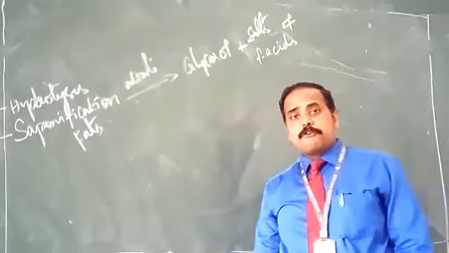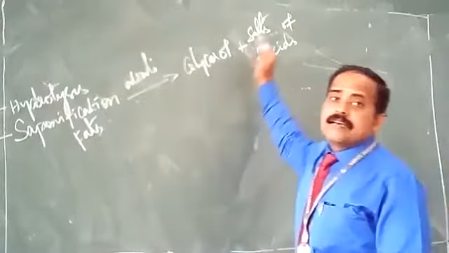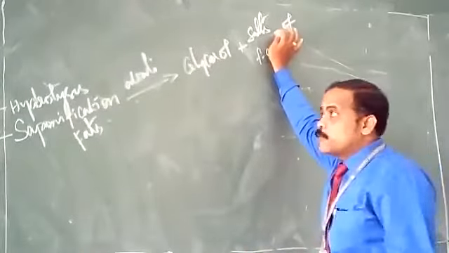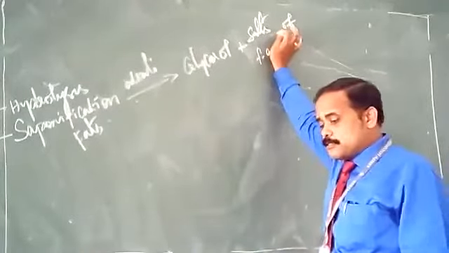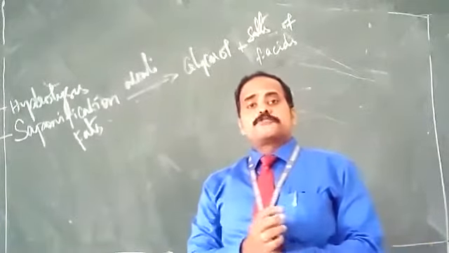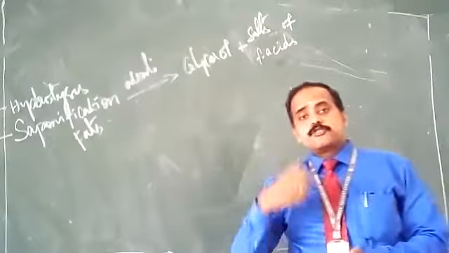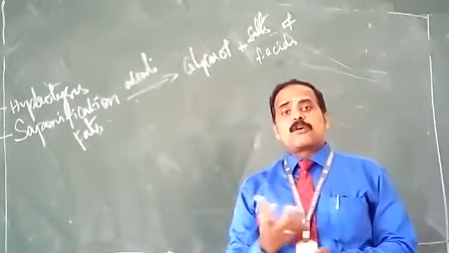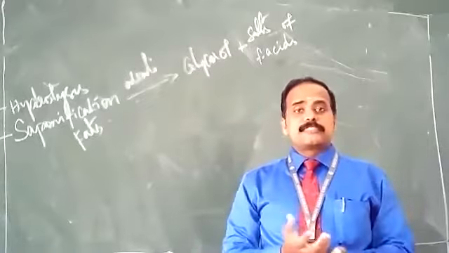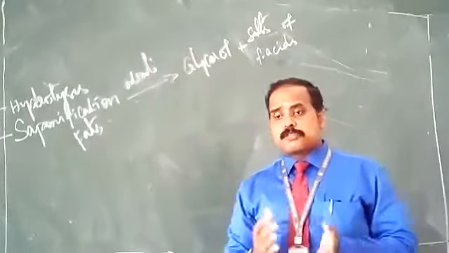So it results in the formation of glycerol and salts of higher fatty acids. There are two different types of soaps. When it consists of sodium salts, it yields sodium salts of fatty acid, which we call hard soap. Similarly, potassium salts of fatty acid we consider as soft soaps.